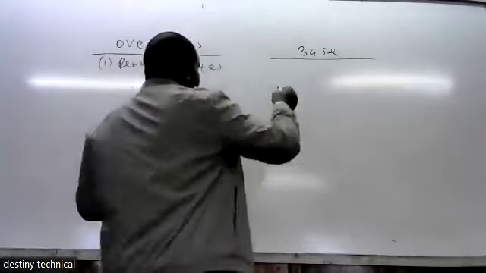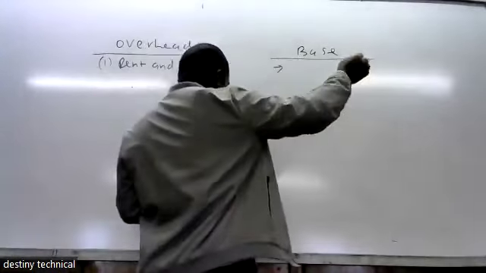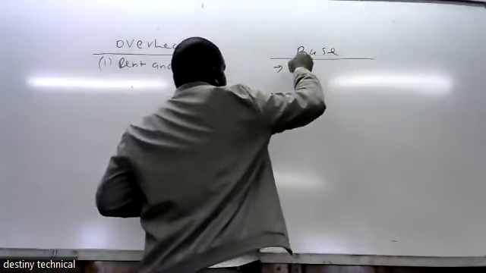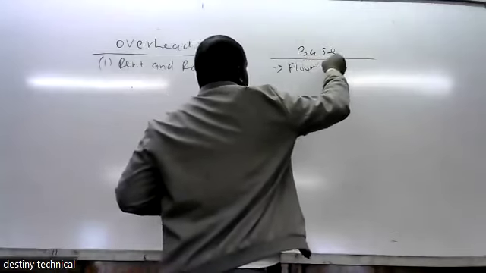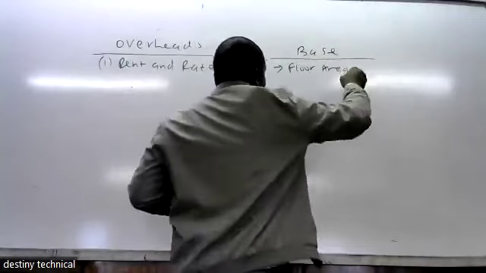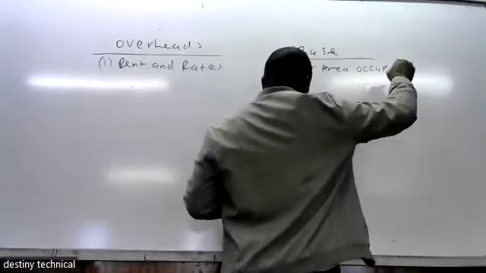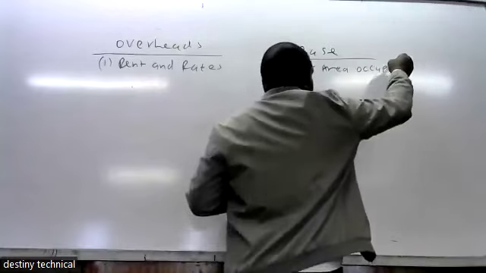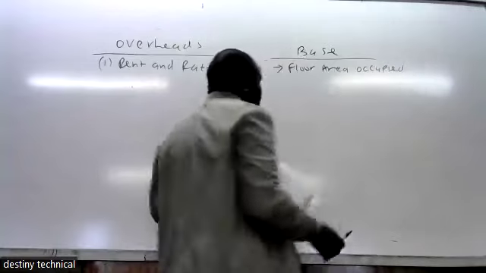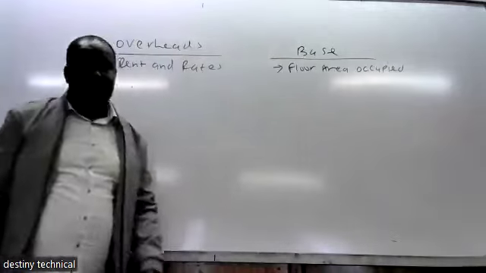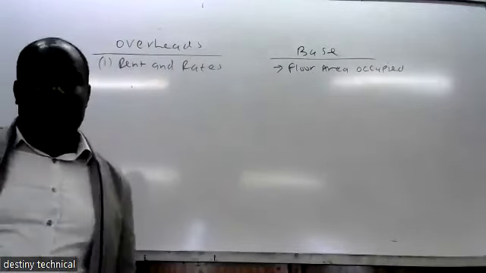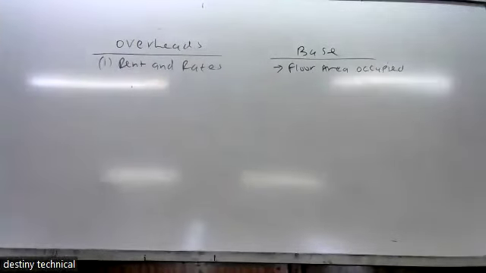We apportion them on the basis of the floor area occupied. So when you want to apportion the rent and rates, you use the floor area occupied.